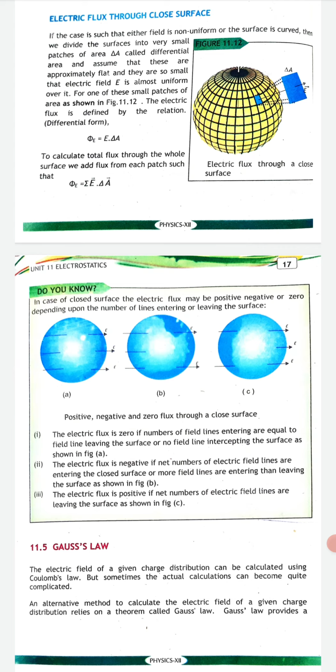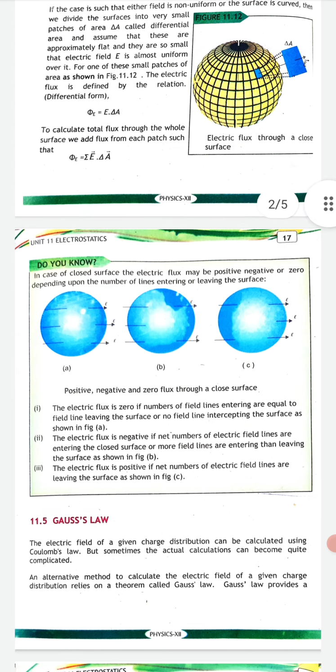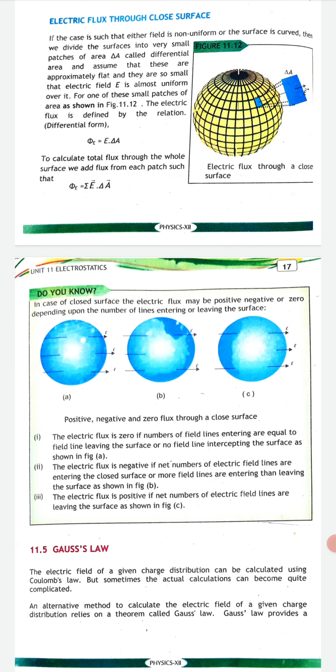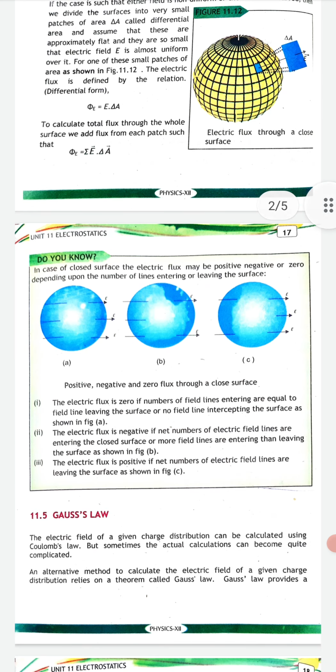Before applying the definition of electric flux, as we discussed in the previous lecture, we have made some assumptions, and on the basis of those assumptions we will be able to find the electric flux through the closed surface. The first assumption is that we divide this closed surface into small segments in such a way that each segment is a flat surface, and the electric field across each segment must be uniform.